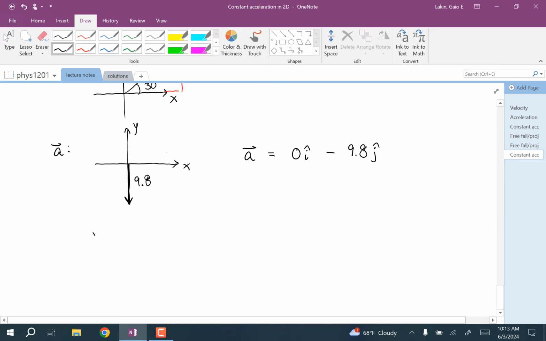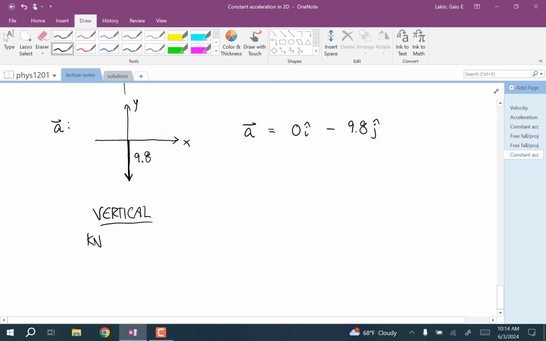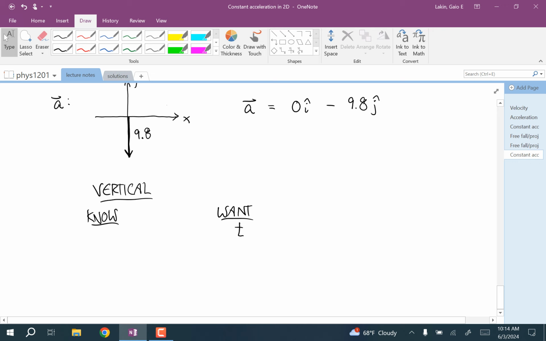First I'm going to use the vertical components to find the time that it takes to hit the ground. Let's figure out what we know and what we want to find. We're looking for the time it takes to hit the ground, because once we calculate that time, we're going to use it in the horizontal equations to figure out how far it travels.